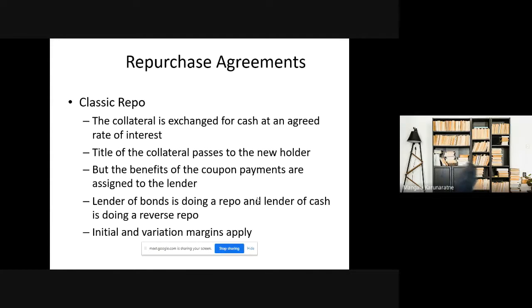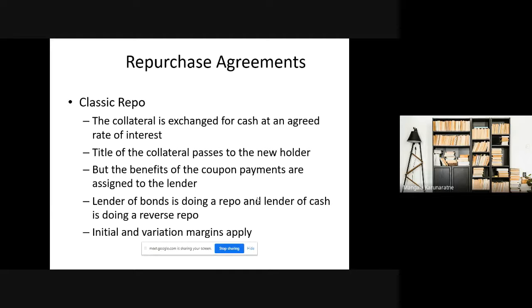We have this system in the LankaSettle system, and that is the SSSS system, the Scripless Security Settlement System. So the securities will be transferred to the cash lender's account, right?